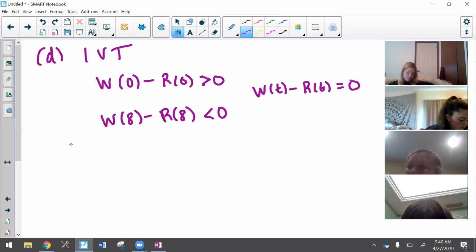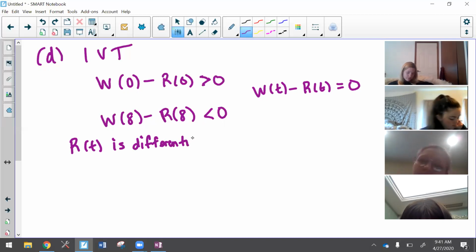So I am told that my function r of t is differentiable, which implies that it is also continuous.